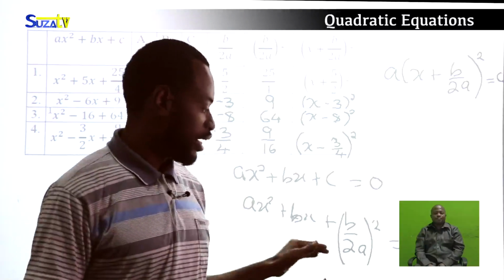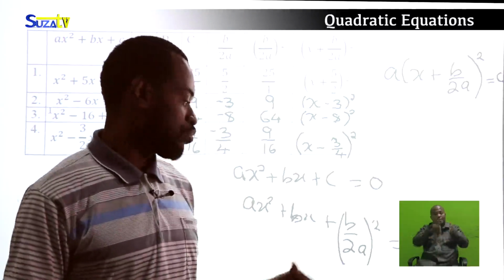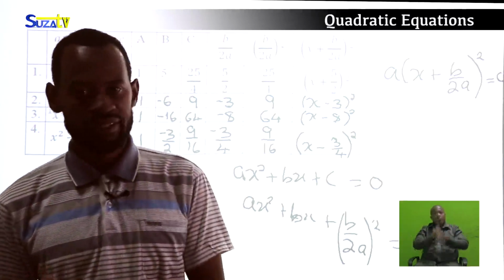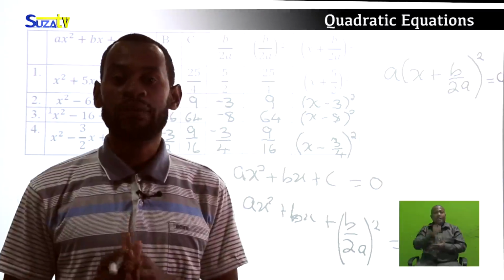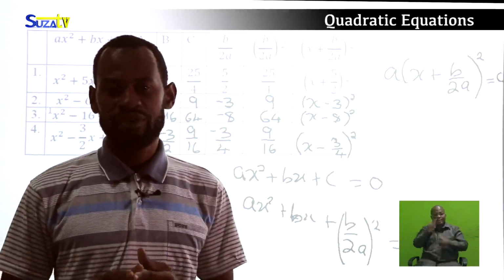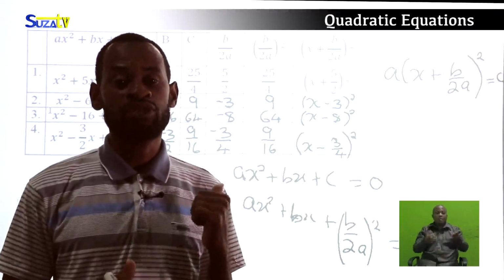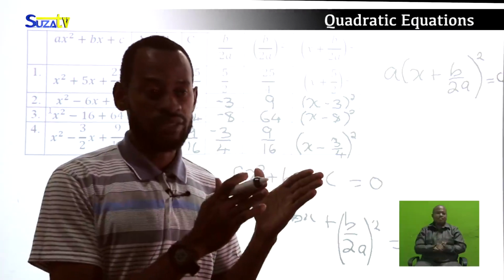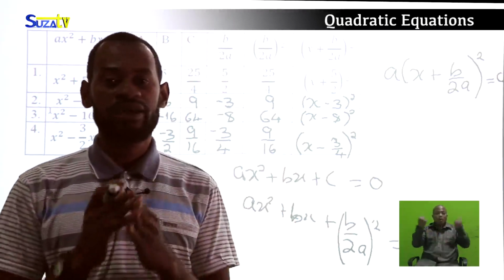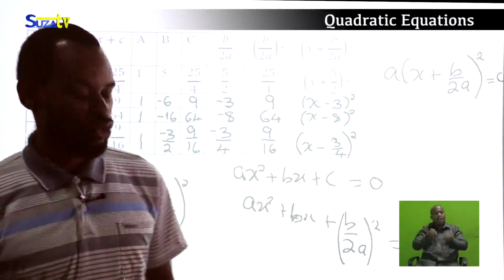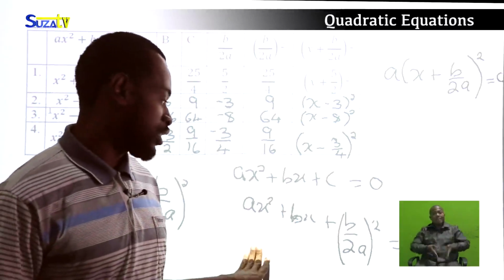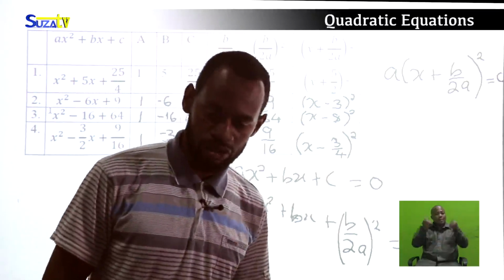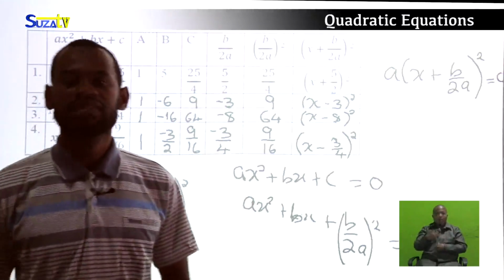That method of making a quadratic expression a perfect square is what we call completing the square. Because the expression given was not a perfect square, you are completing it to make a perfect square.